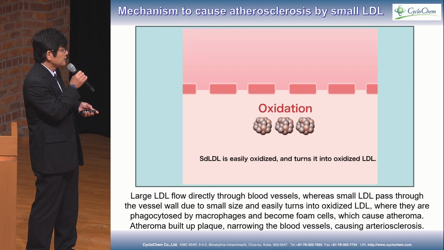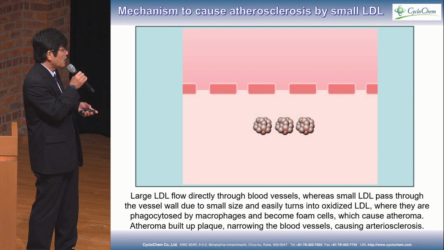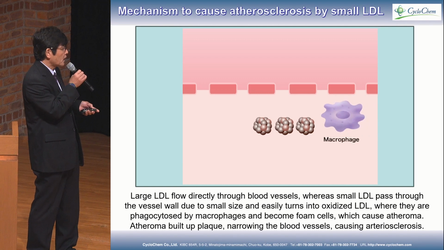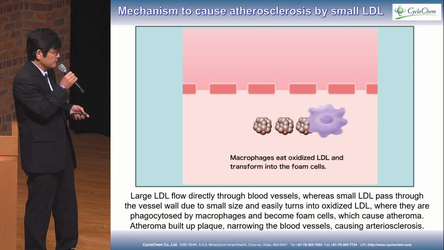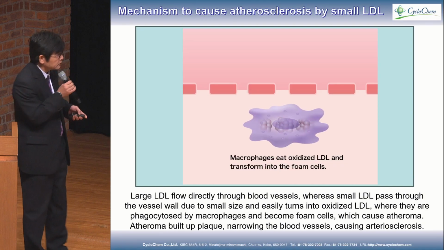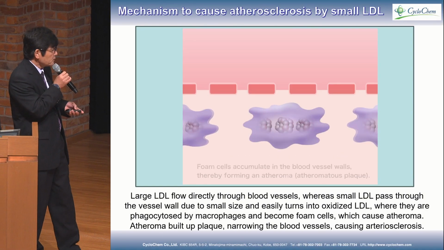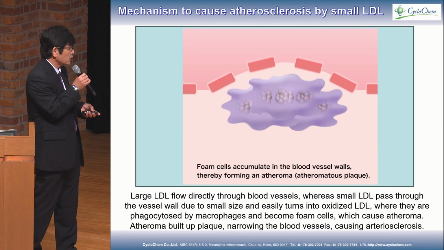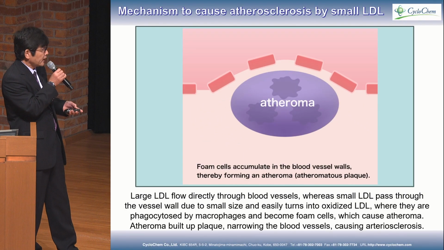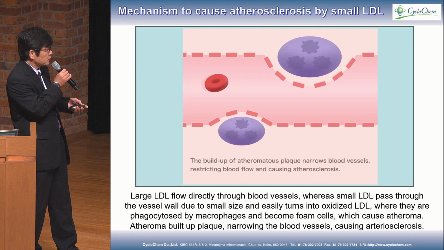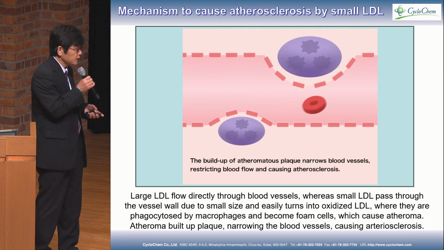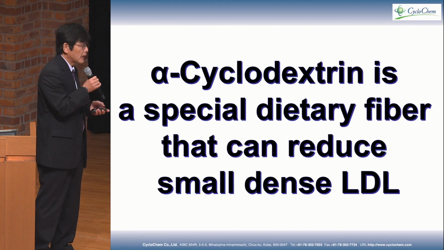There, it is phagocytosed by macrophages and becomes foam cells, which cause atheroma. The atheroma builds up plaque, narrowing the blood vessel and causing atherosclerosis. This is the mechanism we know.